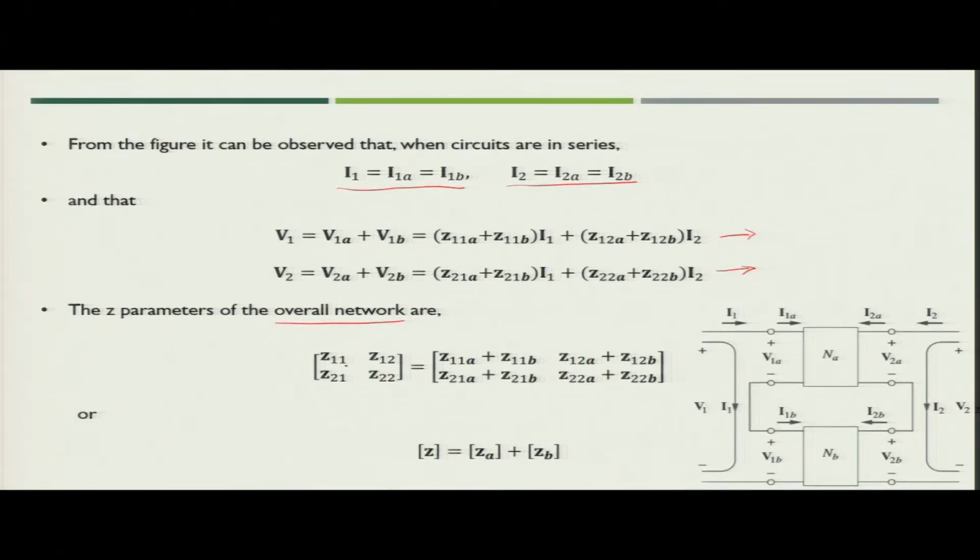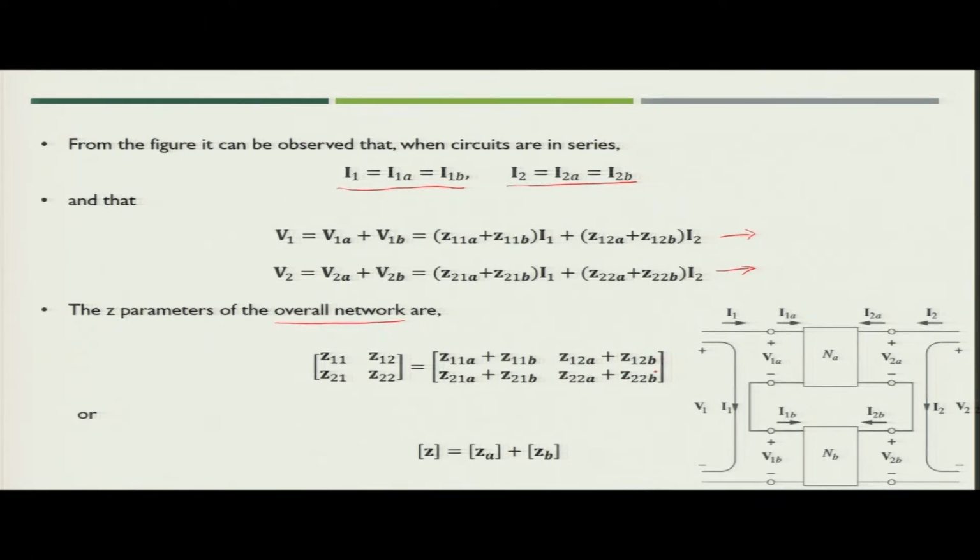So Z11 is Z11A plus Z11B, Z12 is Z12A plus Z12B, Z21 is equal to Z21A plus Z21B, and Z22 would be equal to Z22A plus Z22B.